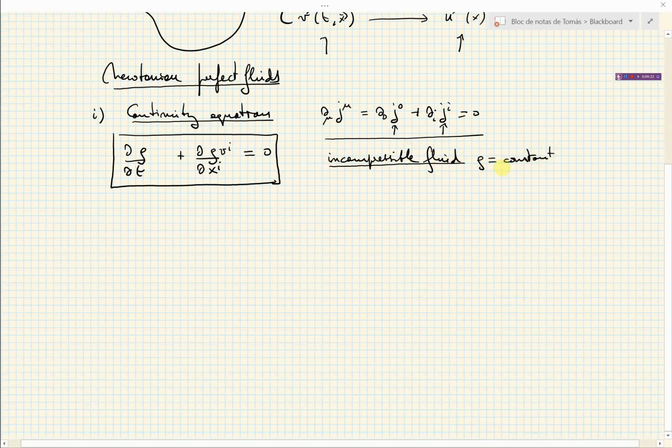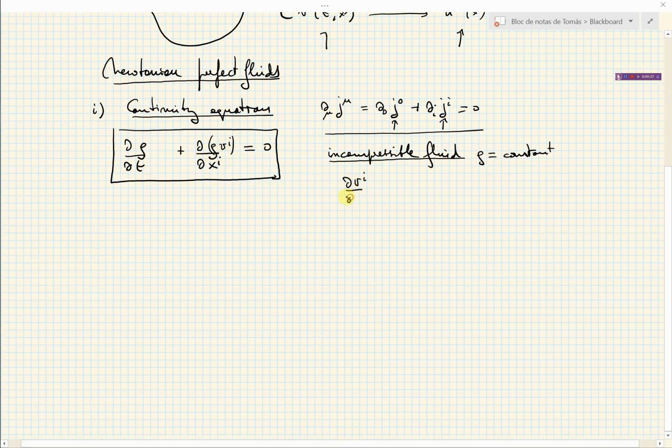If it doesn't change, then the derivative with respect to time is 0, and rho can come out of this derivative, and you just have as a consequence that for an incompressible fluid, the spatial divergence of the velocity is 0. And remember that this is the velocity of a certain fluid element, and this is a field. Okay, it's a field of velocities.